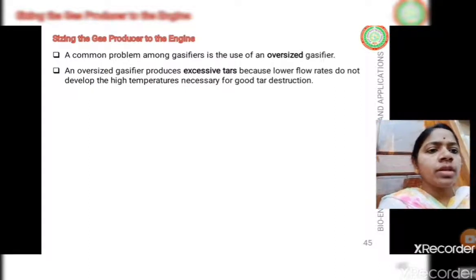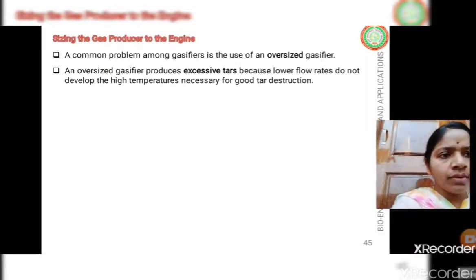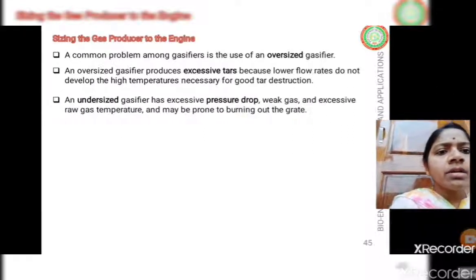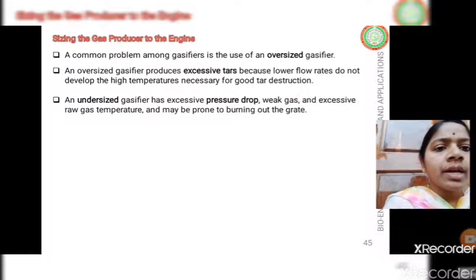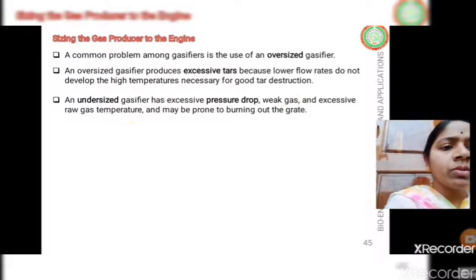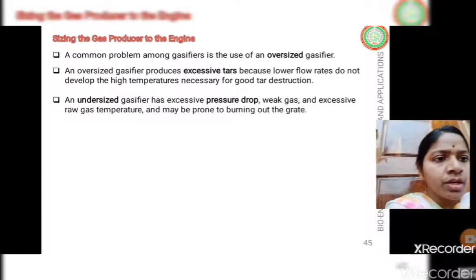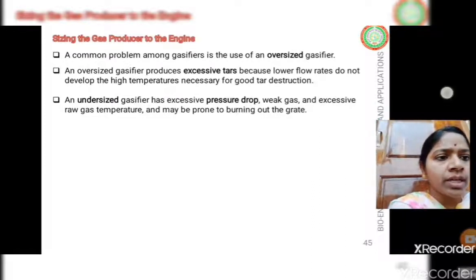So the excessive tar can reduce the efficiency of the conversion. Similarly, with undersized gasifiers, there will be a pressure drop, the producer gas will become very weak, and the temperature can also fluctuate. As a result, the efficiency of the shaft run can be reduced.